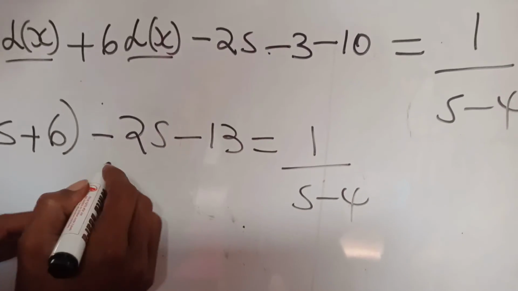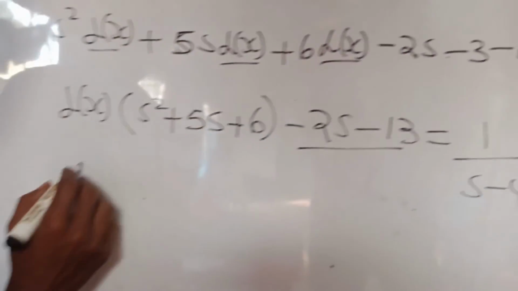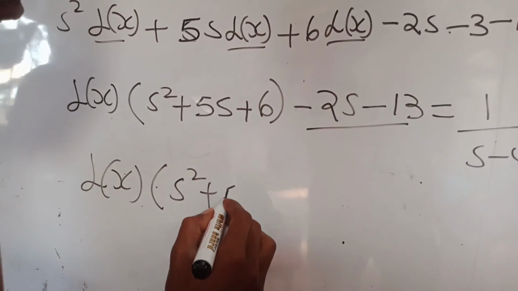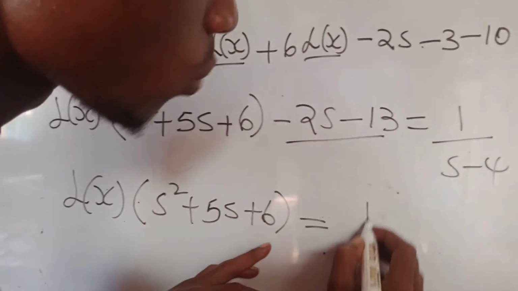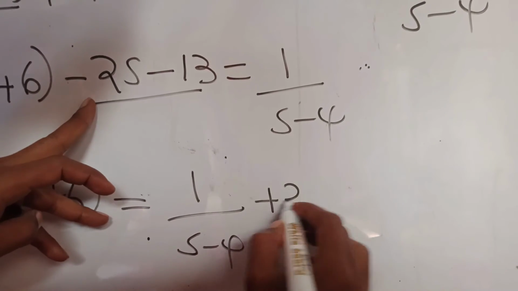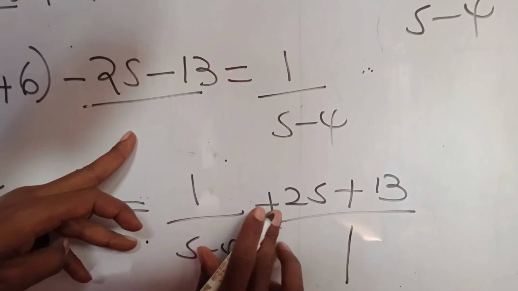So we can take this part to this side, which will change to positive. So this is L of x into s squared plus 5s plus 6 is equals to 1 over s minus 4 plus 2s plus 13, this is over 1.